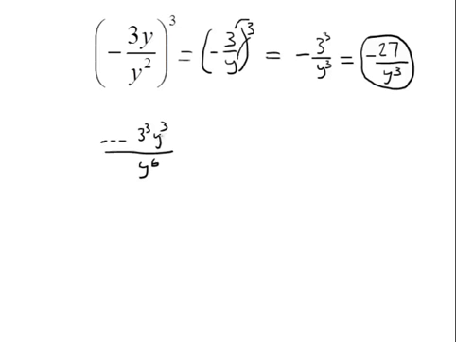There's 3 y's on top and 6 y's on the bottom, so the bottom y's win by how much? By 3. And now the 3 negatives cancel themselves out to give us a negative answer, and 3 times 3 times 3 is 27. Now, for some people, the top approach might have been easier, and for others, this bottom approach might be easier. The key is that either way, we simplified to the same answer.